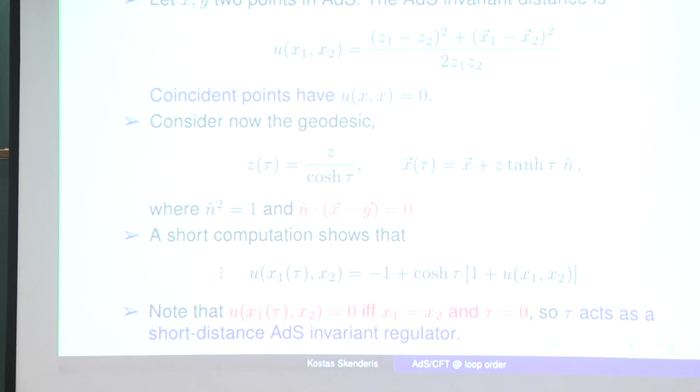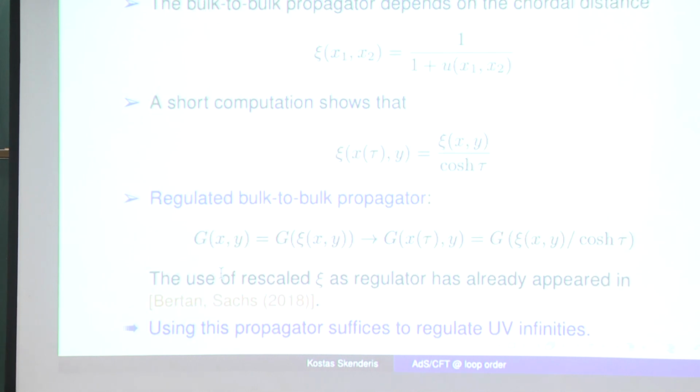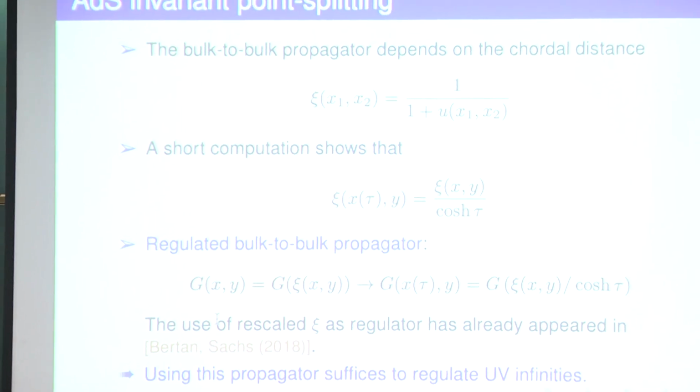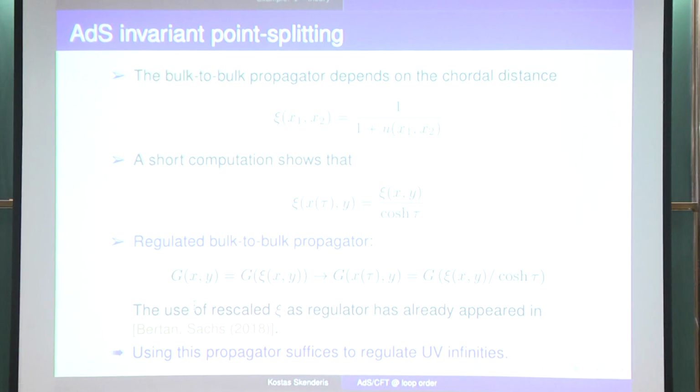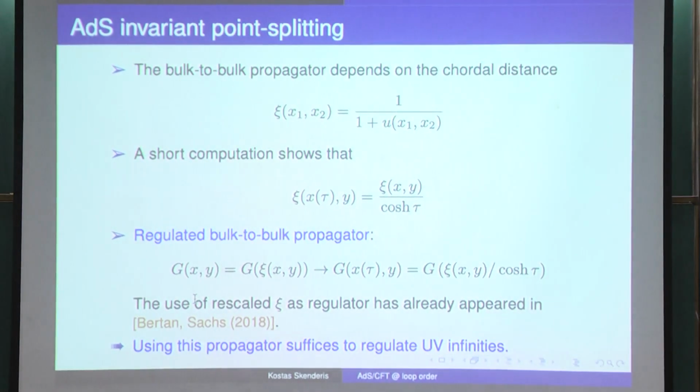This formula is exact. It's an exact formula. No limit. Okay. So now, how are we going to explicitly use this? Now, if you work out the propagator, the so-called bulk-to-bulk propagator, this is given in terms of the so-called chordal distance, which is 1 over 1 plus u.